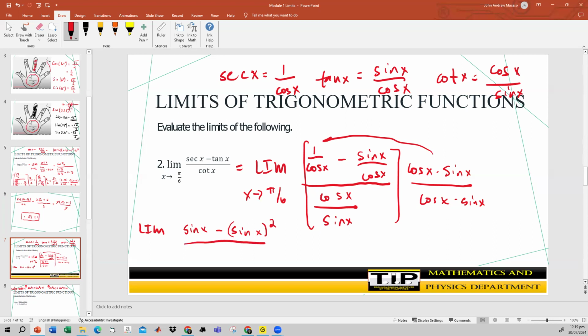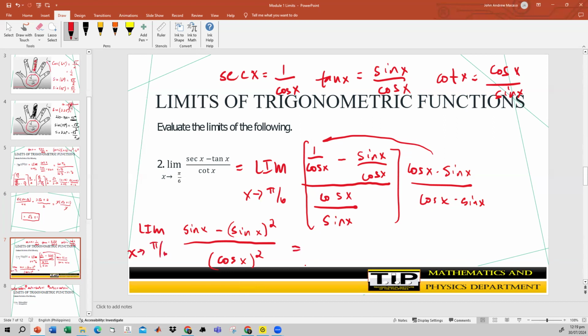Then all over this times this. So what will happen is this will become equal to what? That's equal to cosine squared x, as x approaches pi over 6.